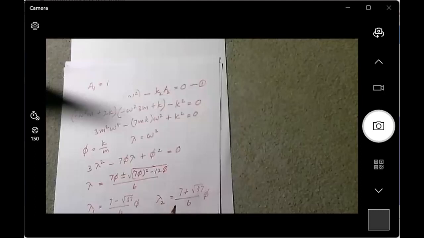Both of them. So related to lambda 1 and lambda 2, we get two omega values. Omega 1 will be the square root of this one.